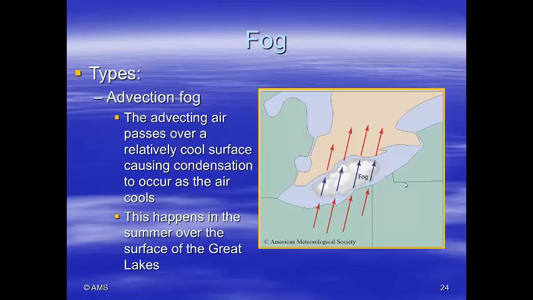So we have warm, moist air, and it flows over the cool surface, and it cools and the water condenses. And this happens in the summer over the surface of the Great Lakes.